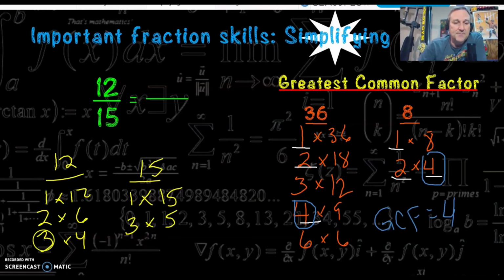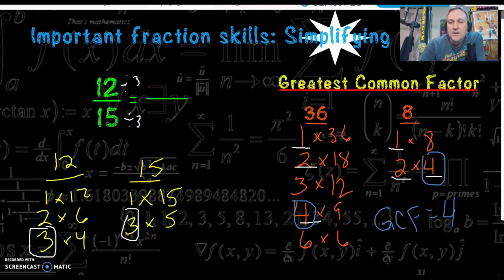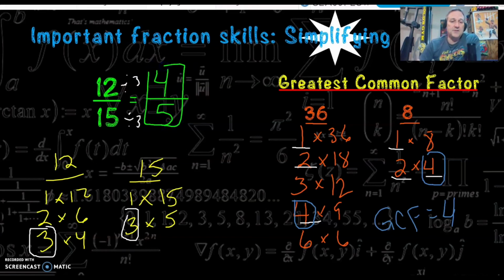Their biggest factor? You saw 3. It's the biggest number that you can divide both of these by. So if I divide 12 by 3 and 15 by 3, I'm going to get a simplified version of 12/15. 12 divided by 3 is 4, and 15 divided by 3 is 5. So the simplified number is 4/5.